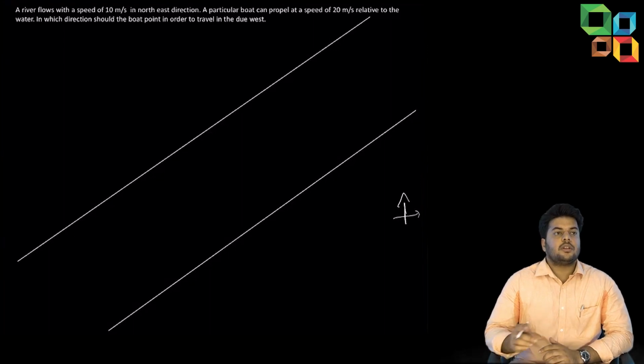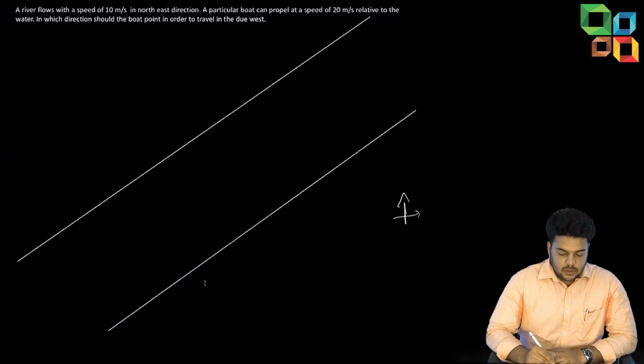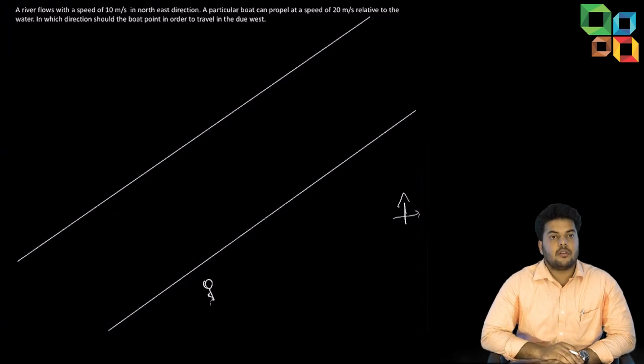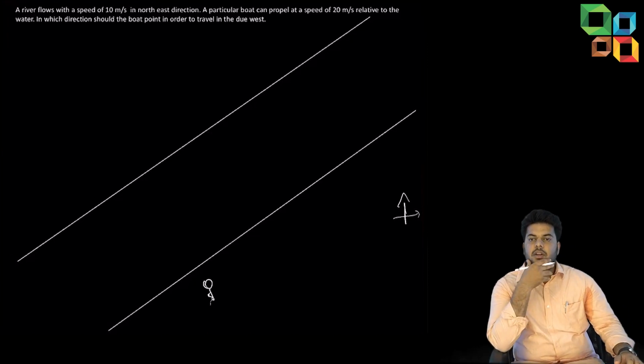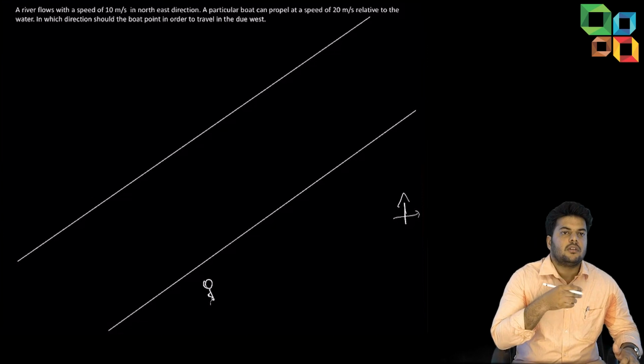And the speed of the river water is what? 10 meter per second, with respect to the shore, somebody over here. What does that mean? The speed of the river is 10 meter per second. Can somebody give an intuition for that? Neha, what would it mean? It's moving 10 meters every second.